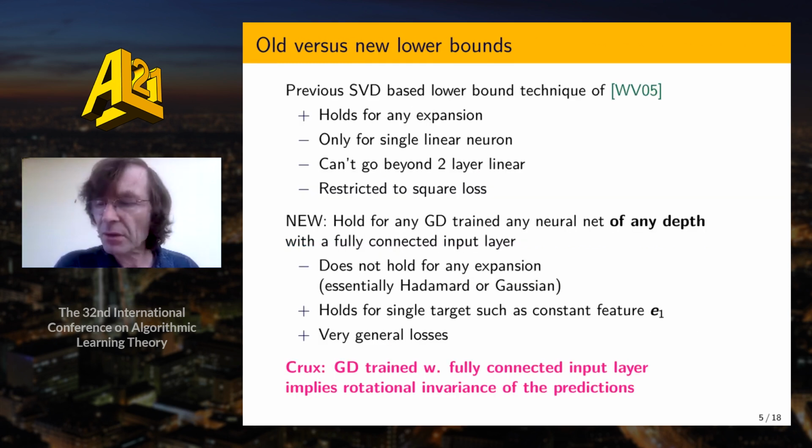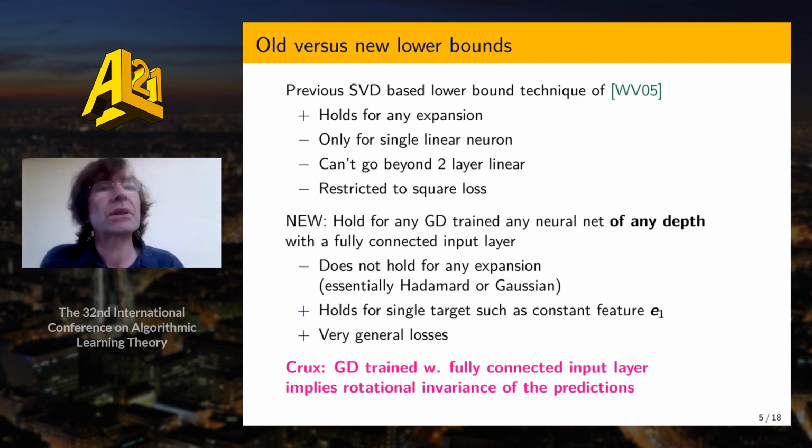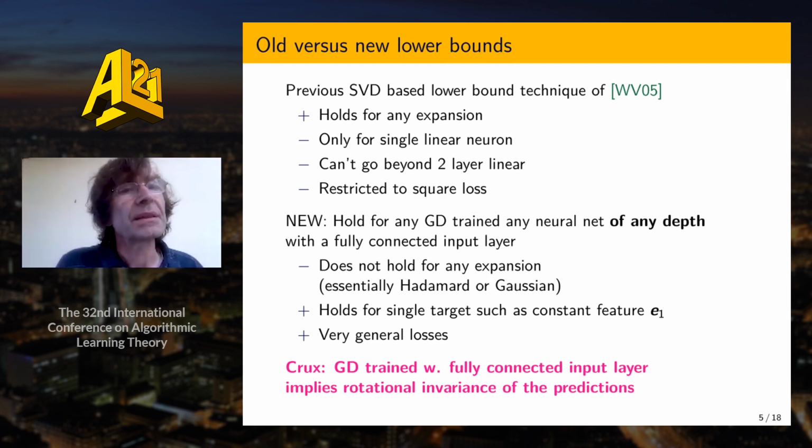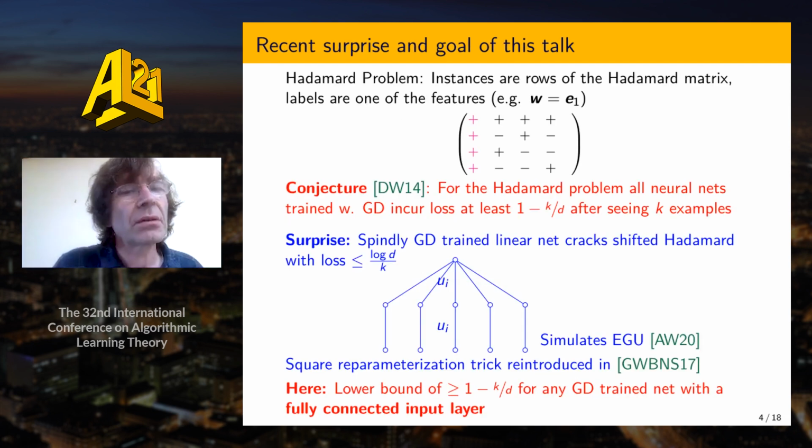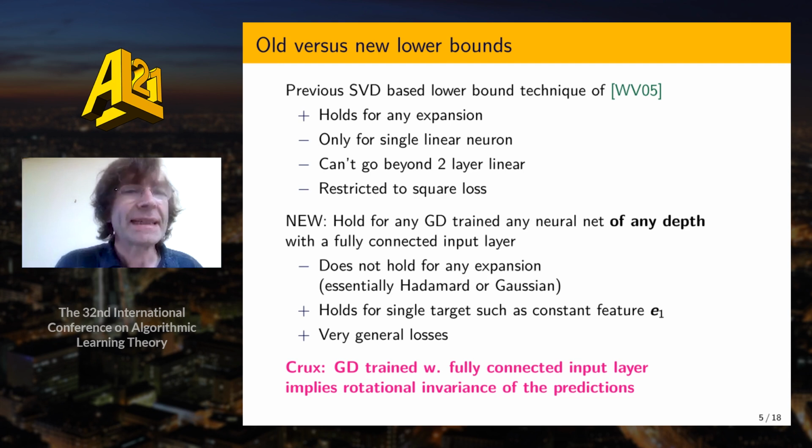So there were previous lower bounds, very similar ones, but with key differences as well. They are SVD based. They showed the same linear lower bound, even if you expand the instances with an arbitrary phi map. However, those lower bounds only hold for a linear neuron. They can't go beyond 2 layers, and they are restricted to square loss.